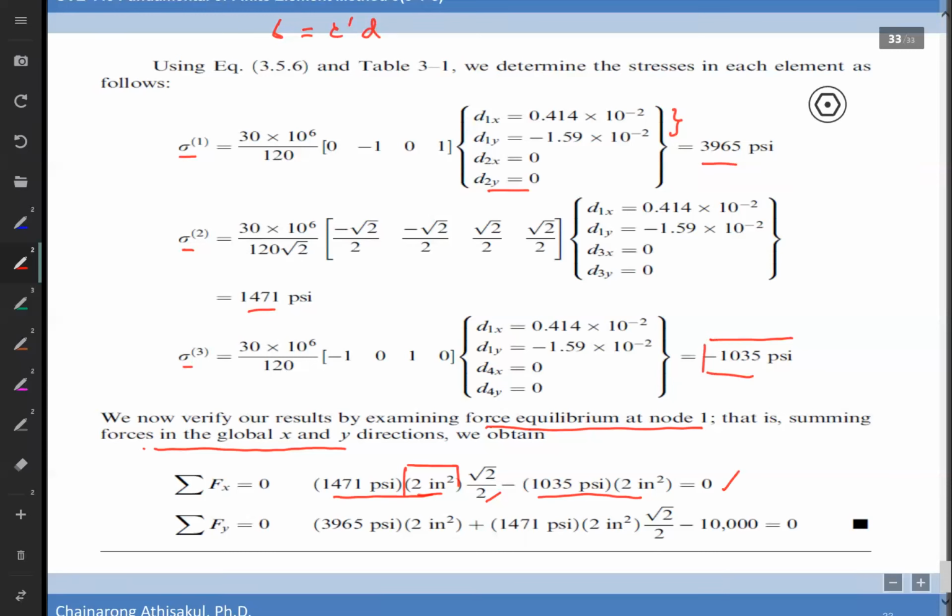Okay, so we obtain the summation of force in the x direction equal to 0.